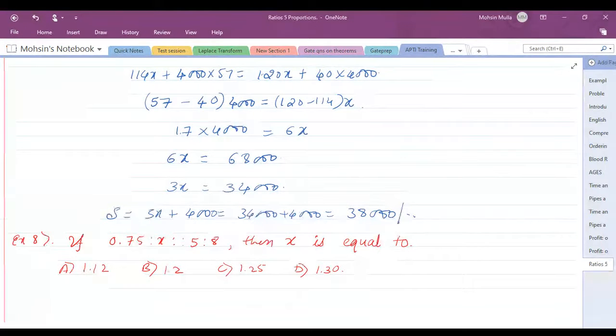Nalini Mane already calculated x equal to 1.2. Very good. Shreyasi also got the answer.